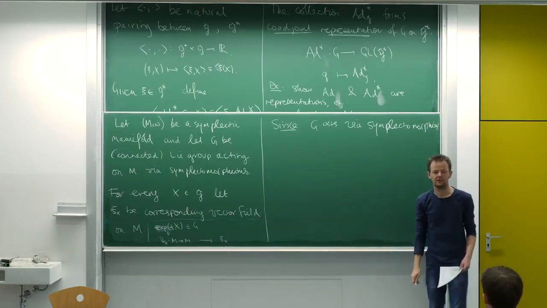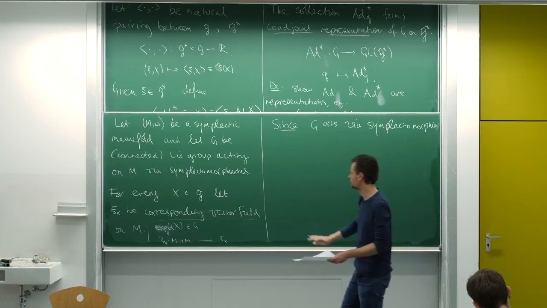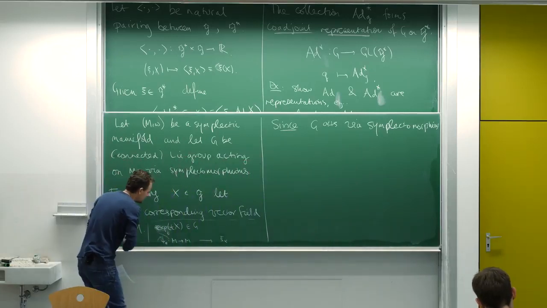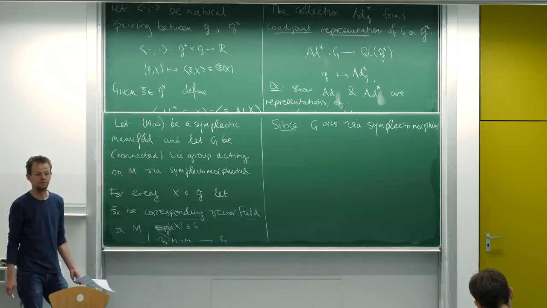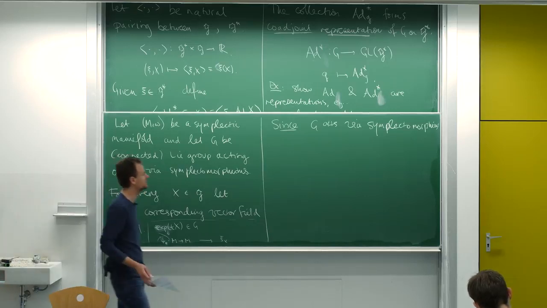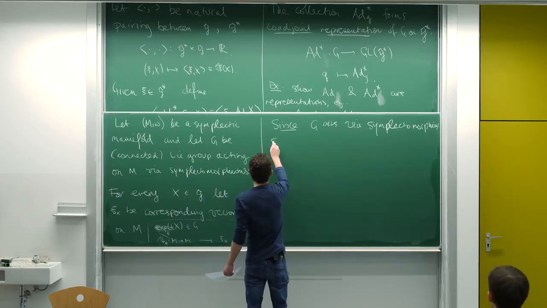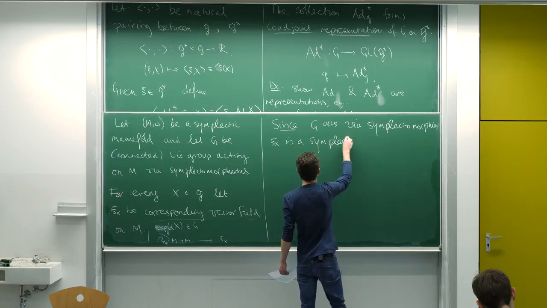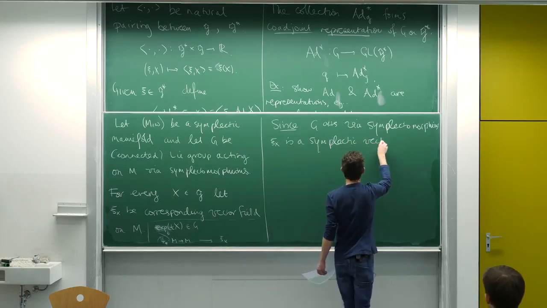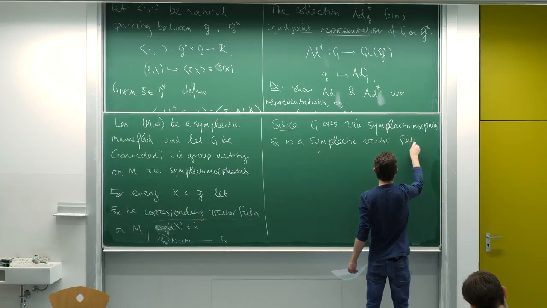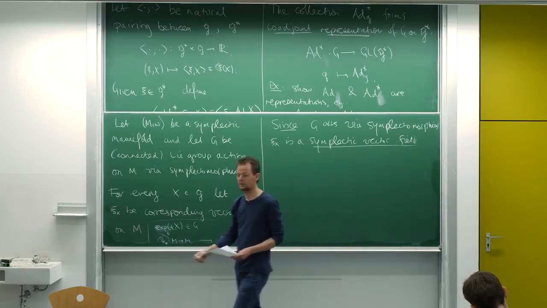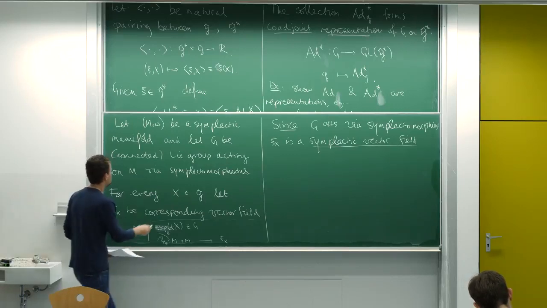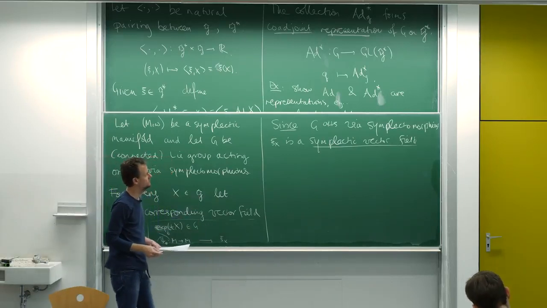Now, since G acts via symplectomorphisms, it's not just any old vector field that we get here. So each of these psi's is a symplectomorphism, so it's got to preserve the symplectic 2 form. So we learn that this vector field that we get on M from applying one of our left invariant vector fields from G is a symplectic vector field.